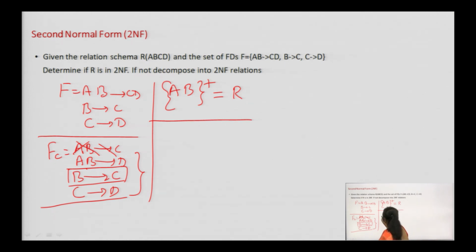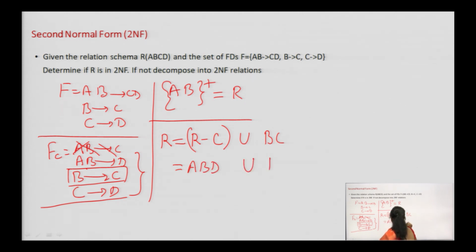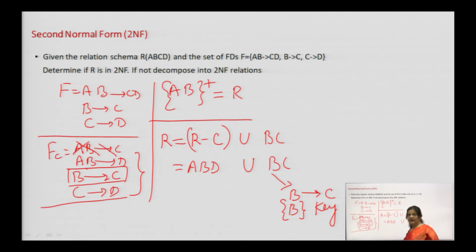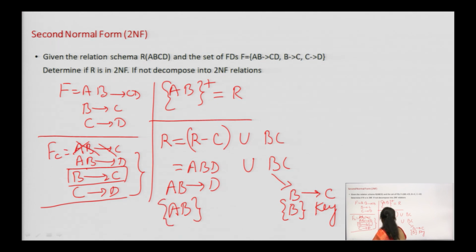So, we will decompose our relation based on B to C: R minus C, that is the right hand side, union B C, which is equal to A B D union B C. Here the functional dependency from the given set of functional dependencies is B to C. The key is going to be B. From the given functional dependencies, A B to D is the functional dependency and the key is going to be A B. Let this be R1, let this be R2.